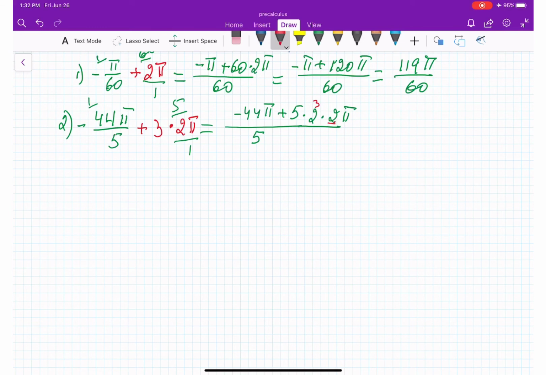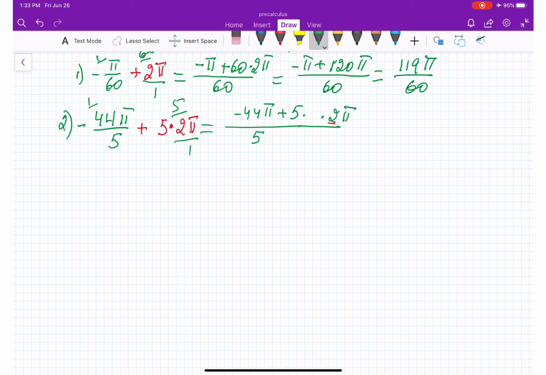So going higher, and I can see here that only if I multiply by 5 times, I will get a number that is greater than negative 44, and that will give me a positive result.